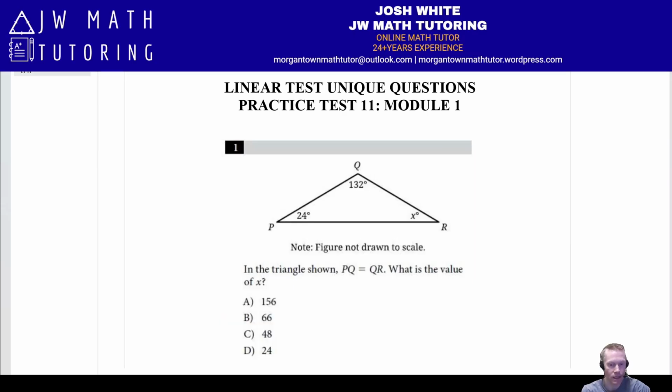Second, there will be a link to a PDF file which has the 10 problems from this new linear paper practice test number 11. Basically, these are the unique questions that are on this linear paper practice test 11 but do not appear in Blue Book. So basically the other questions are ones that appear in Blue Book.